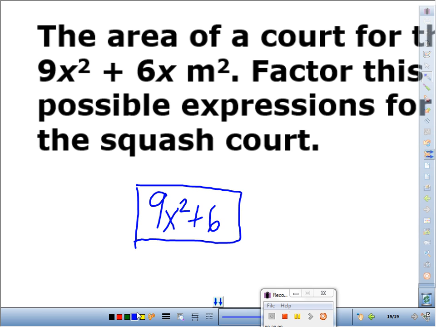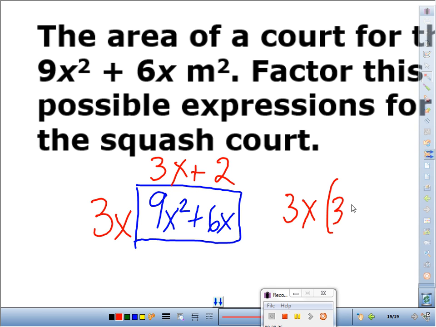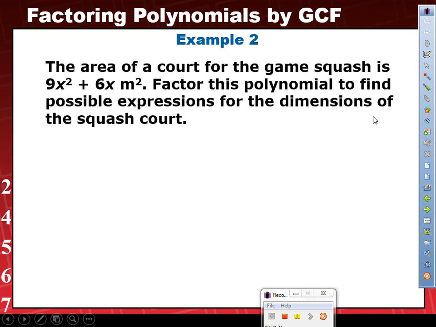What is the GCF for this one? 3x. So therefore we're left with 9 divided by 3 is 3, and x plus 2. So the dimensions are 3x times 3x plus 2. So basically we're just factoring. Yes? Alright.